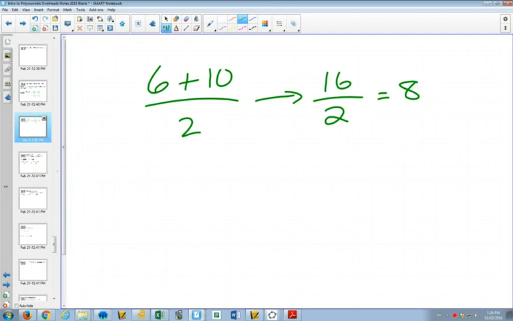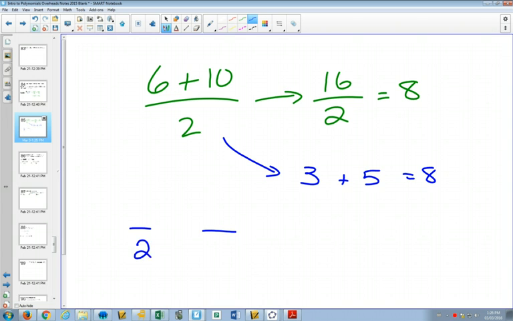But it's neat to see that it works, that if you did 6 divided by 2 and got 3, and 10 divided by 2 and got 5, that 3 plus 5 also gives you the same answer. And the idea of this is based on adding and subtracting fractions. How do you add fractions? Find a common denominator.